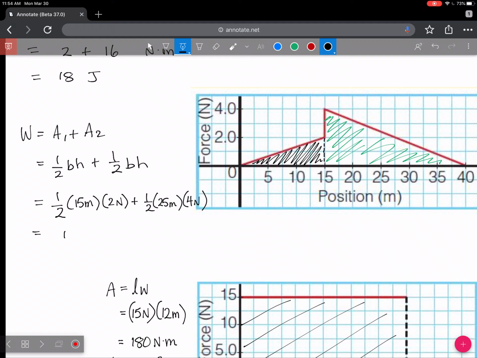Simplifying here, we're going to have 15 Newton meters plus 50 Newton meters. Altogether, this is going to make 65 Newton meters, or 65 joules. And I'm just going to ignore that this has one sig dig here.